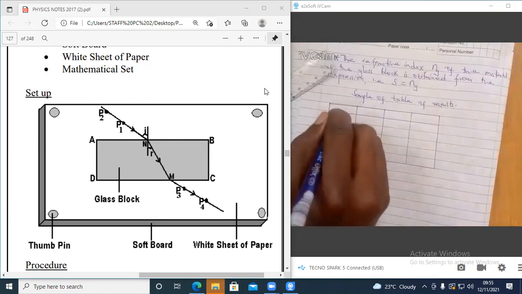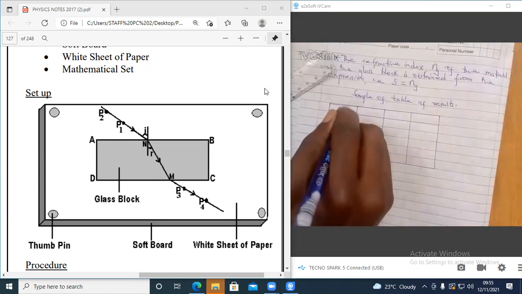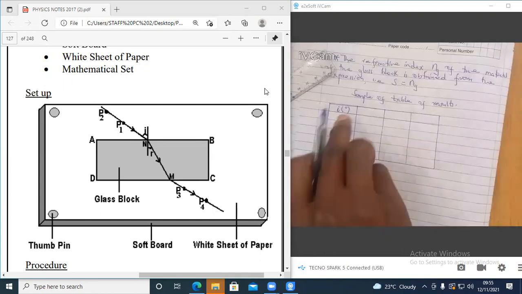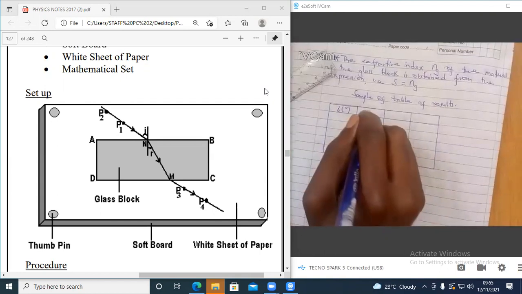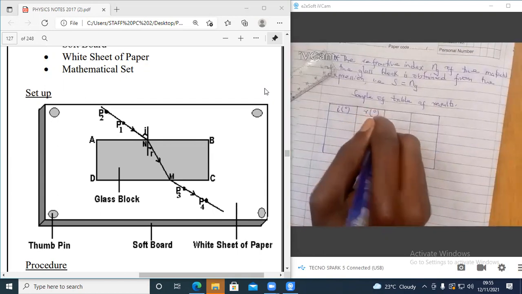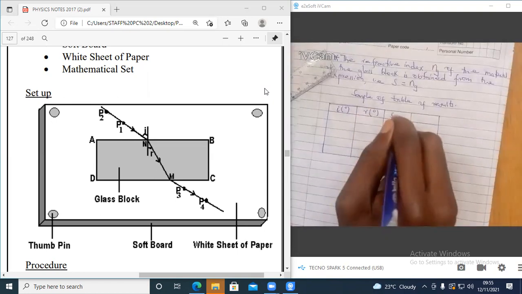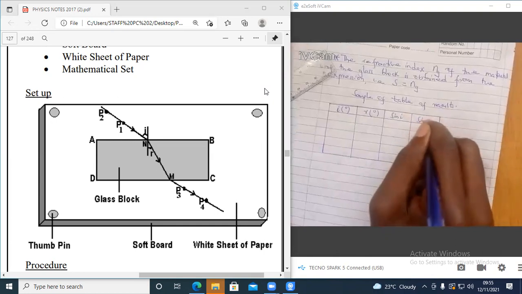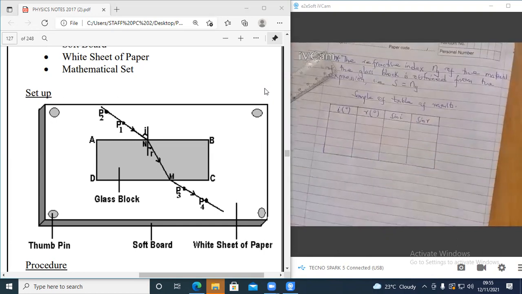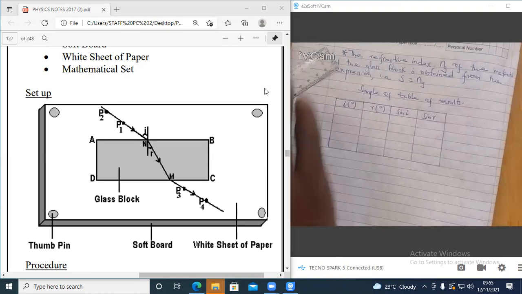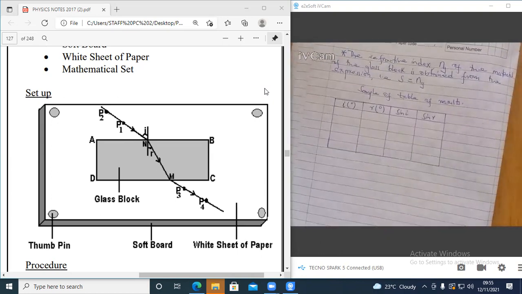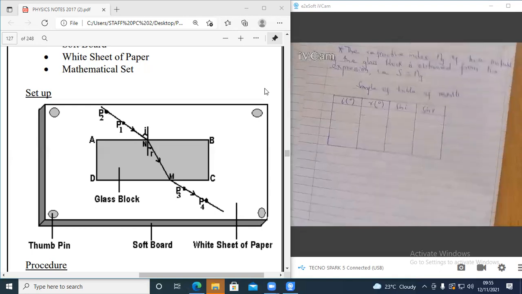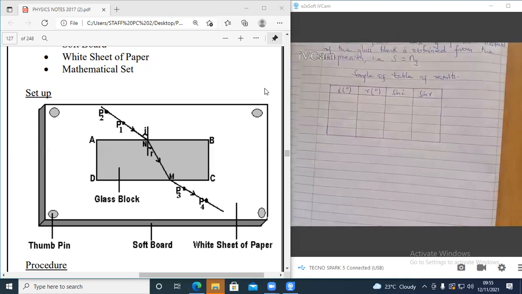First, I will have the angle of incidence I, which is in degrees. Then we shall also measure the angle of refraction R, also in degrees. Then we shall have sin I, which has no unit, then sin R. That's how our table should be.